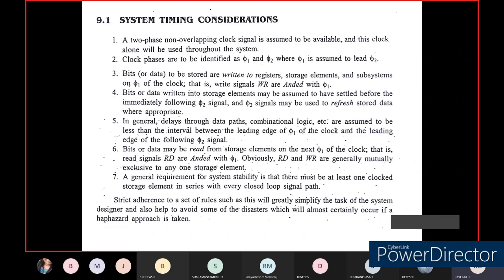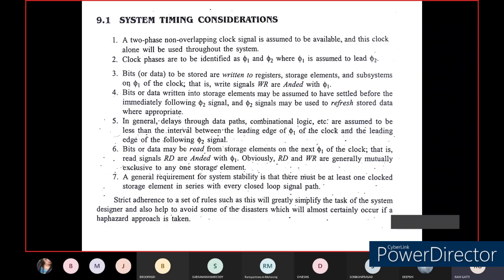You have taken the specifications from the customer end, and you have created or selected an architecture for the implementation. Along with that, what controlling entities are you going to place for the implementation of your application? It has to be understood properly, and we are going to study it as another subsystem, which we call system timing considerations.